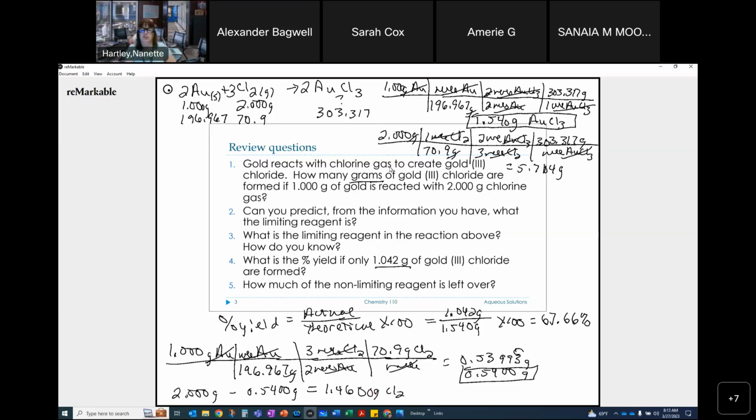So that tells me how much is left. So again, I need to calculate how much was required based on my limiting reagent, and then subtract that from the amount that I had present. So that's how I find out how much is left over. So any questions about that?